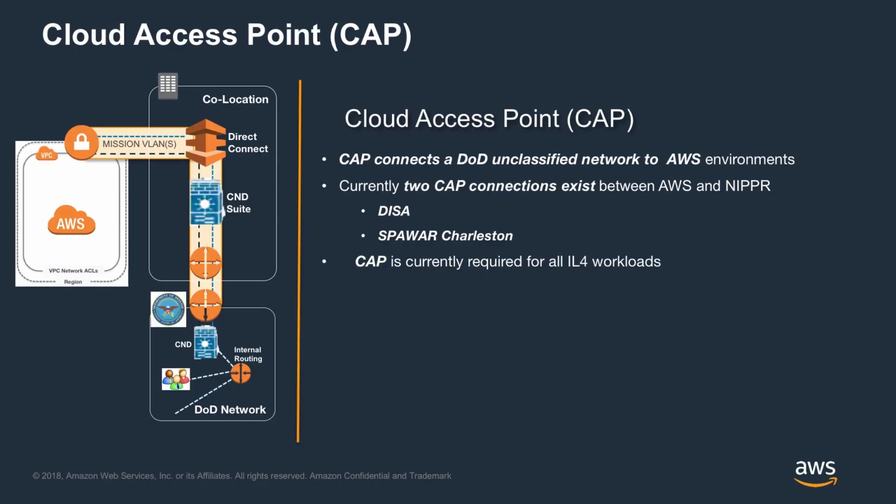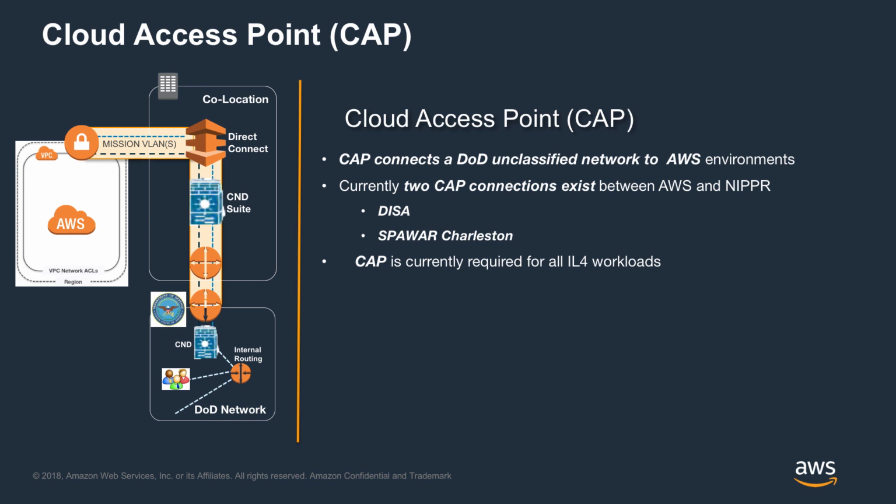So the last thing we're going to talk about is how Direct Connect applies to the DoD CAP. So the cloud access point, as we talked about in the last episode, is all about the extensibility of the NIPRNet into a cloud service provider, in this case, AWS.